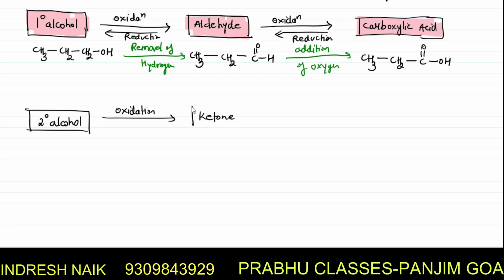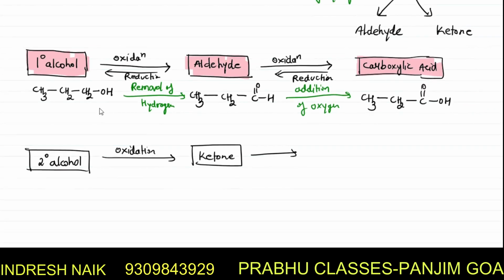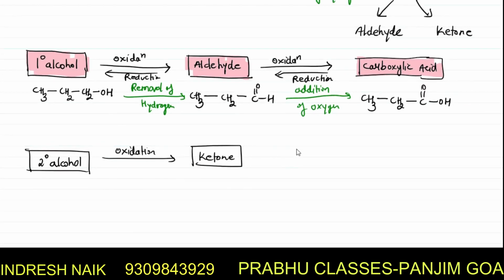Further oxidation of the ketone is possible. Then again you are going to get a carboxylic acid, but this requires extreme conditions, high temperature, and a very strong oxidizing agent like KMnO4. I'm going to discuss all these reagents. Don't worry about that. But this is the thing, ketone.